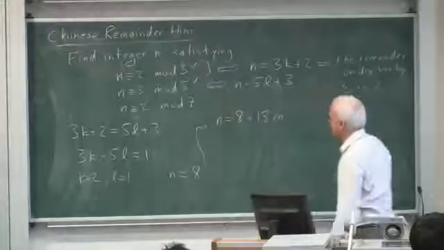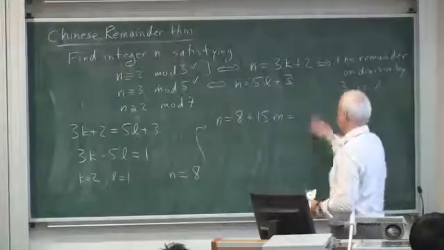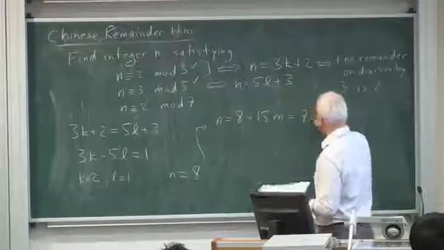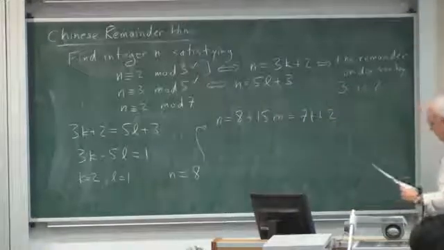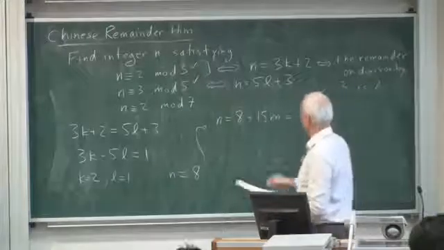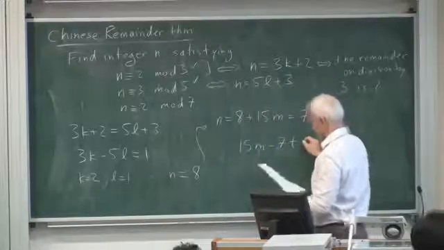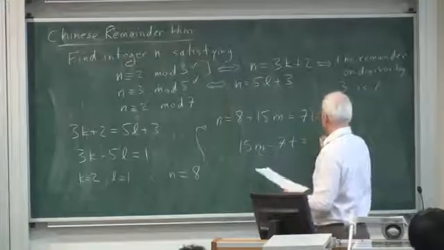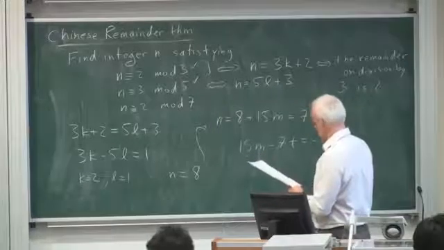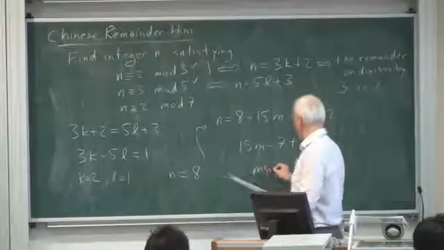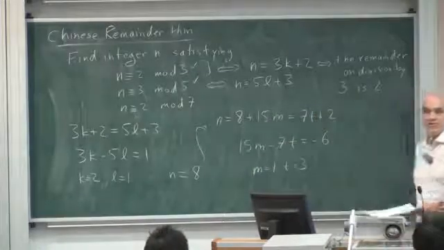And that one is the condition that it's congruent to 2 mod 7, so it's a multiple of 7, let's say 7t plus 2. Well, that's another equation of the same kind: 15m minus 7t equals minus 6. Okay, we could do that. m equals 1 and t equals 3, then we have 15 minus 21, that's minus 6.